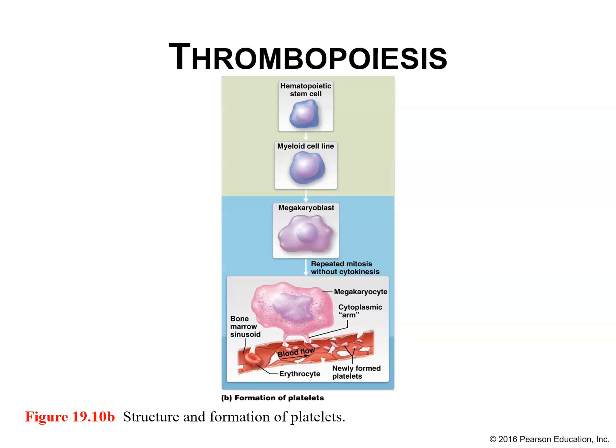So you get this large megakaryocyte with little arms that come out of the cytoplasm, these little cytoplasmic arms, and then they pinch out the sinusoidal capillaries and then break off when they get into the bone marrow sinusoids. And then they become platelets. So that's how thrombopoiesis occurs, or formation of platelets.